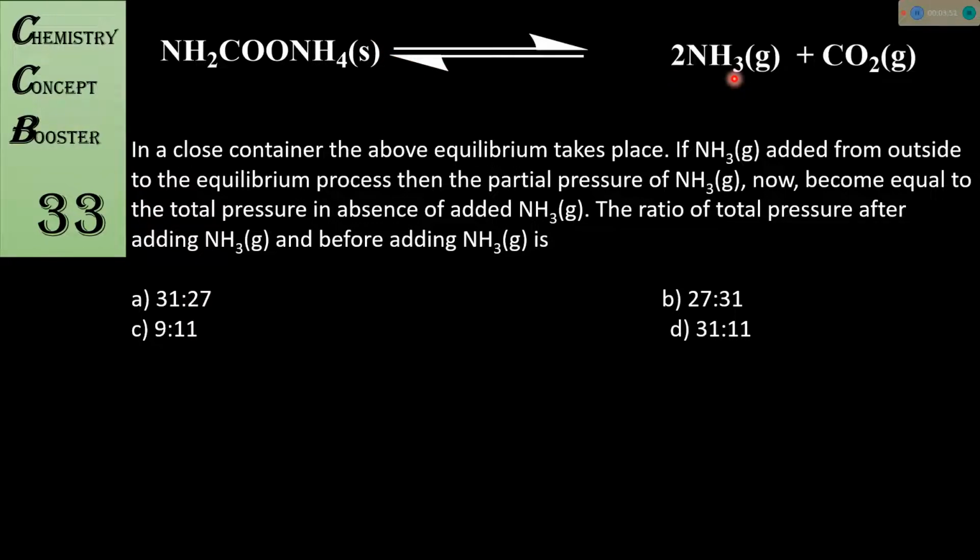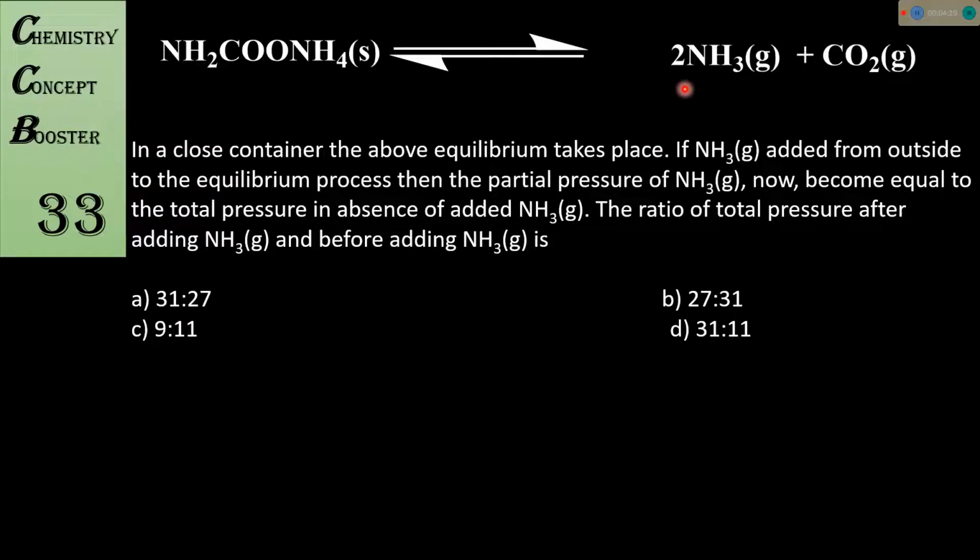After adding ammonia gas from outside, the partial pressure of the ammonia gas now becomes the previous total pressure of these two species. The question is: what is the ratio of total pressure after adding ammonia gas and before adding ammonia gas?